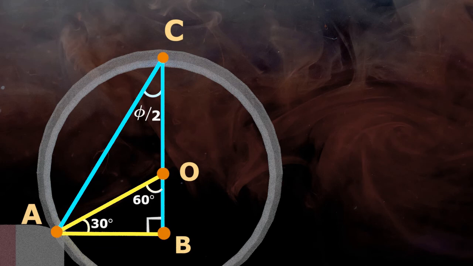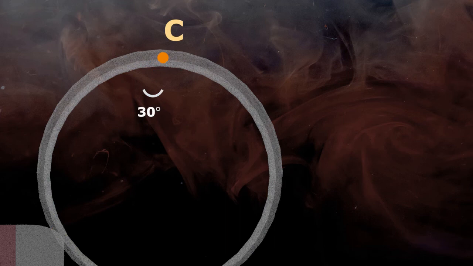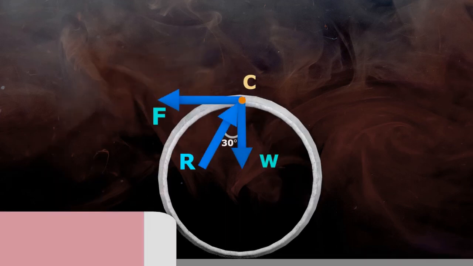So the angle reaction R makes with the vertical axis, phi by 2, is equal to 60 by 2, that is 30 degree. This is the angle between R and the y-axis. So if we want to find the angle with the x-axis, it is 90 minus 30 equals 60 degree.